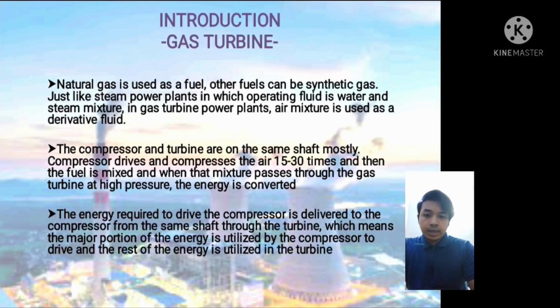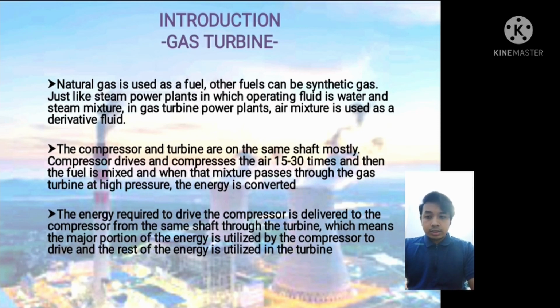The compressor and turbine are mostly on the same shaft. The compressor compresses the air 15 to 30 times, and then the fuel is mixed, and when that mixture passes through the gas turbine at high pressure, the energy is converted.